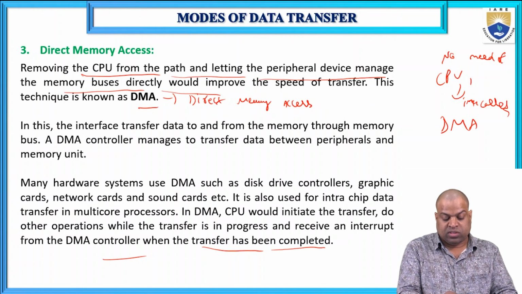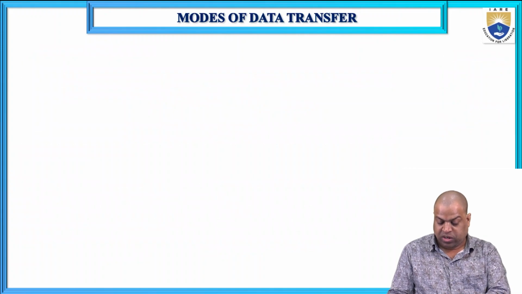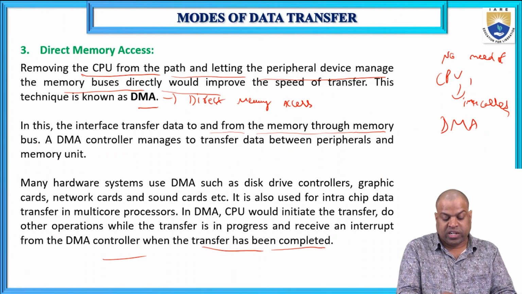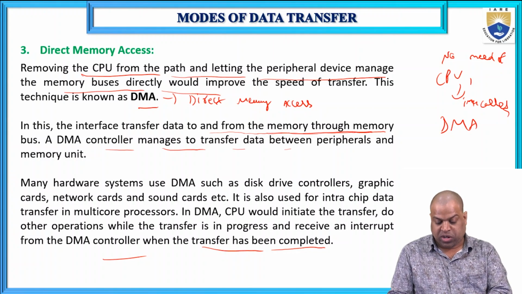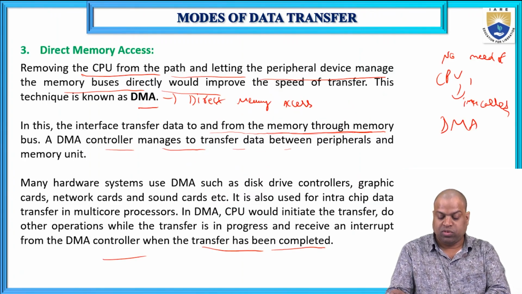So, the interface transfers data to and from the memory, and a DMA controller manages the transfer of data between peripherals and the memory unit. So, the DMA controller will transfer the data between the peripherals and memory unit. So, no need of the CPU.